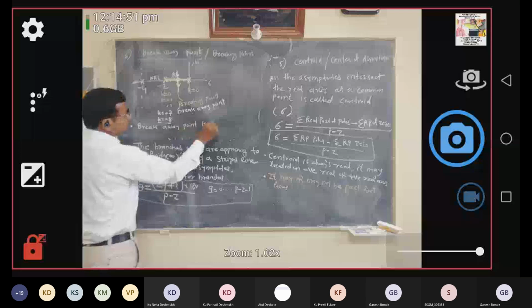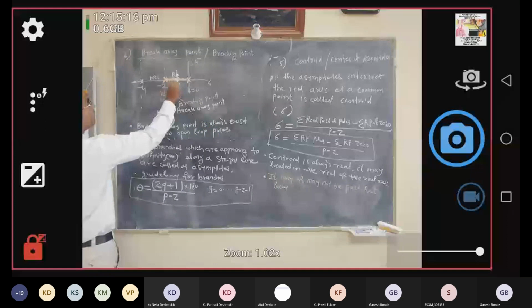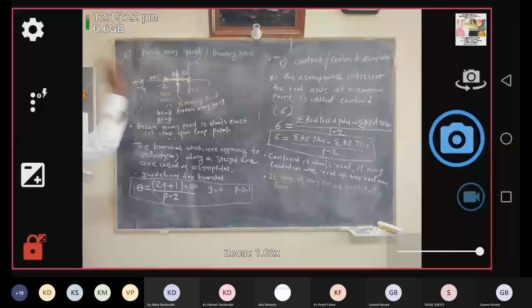So wherever there are two such consecutive open loop poles, and the section between them is a part of the root locus, then there is the existence of one breakaway point. Okay, so this is all about the breakaway point.